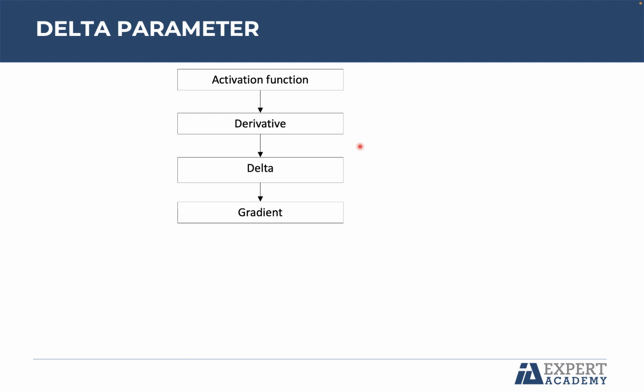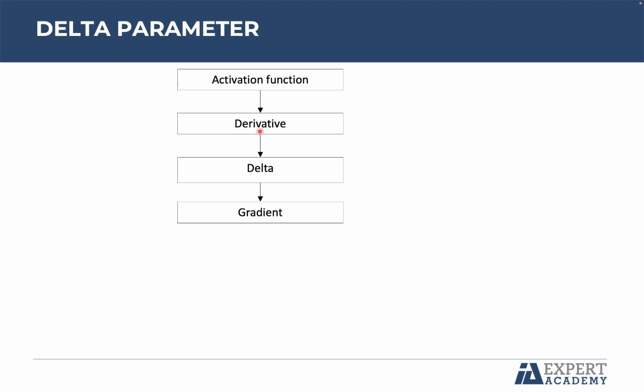Hello and welcome to this lecture where you are going to continue understanding the calculations for adjusting the weights. This graph shows the sequence of steps that we need to perform. First, we apply the sigmoid activation function and then we calculate the partial derivative, which you learned in the previous lecture.